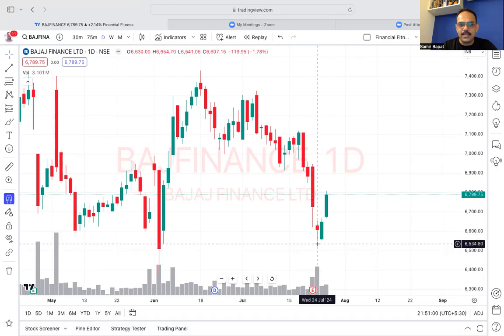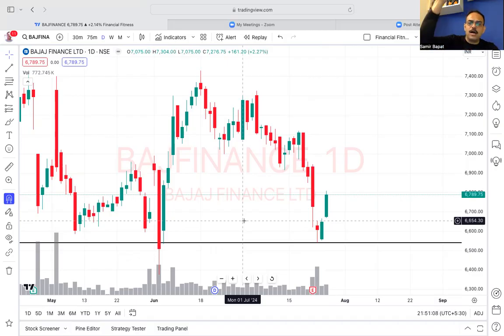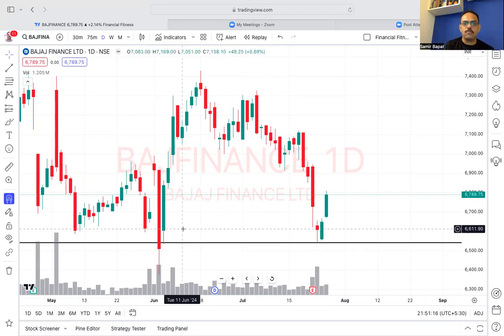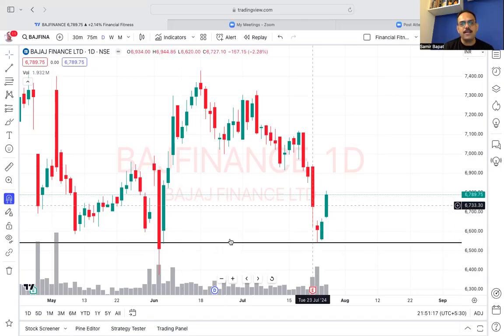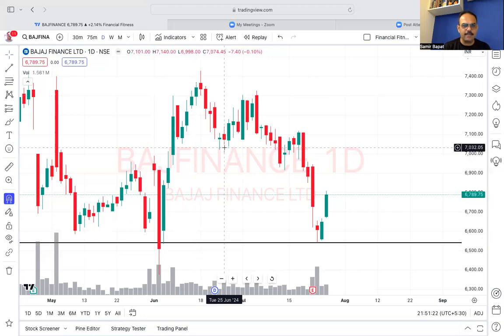Third, I will put a line here and see if the price bounced from it. Like support we learned last week, right? If I throw a ball, it will hit the floor and bounce. So I have to check whether it has bounced. It has bounced, see here. Very good.